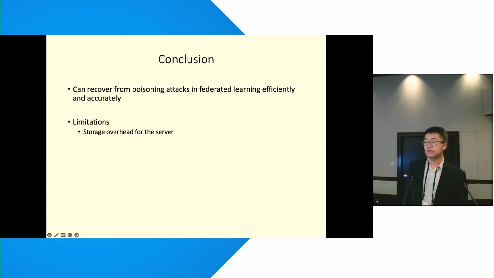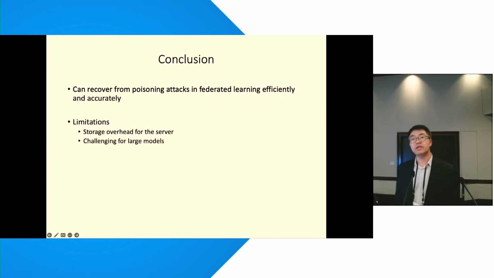So it incurs some storage overhead for the server. And this is especially challenging for training large machine learning models like ChatGPT or GPT-4. However, we can also argue that federated learning may not be a good choice to train large machine learning models on resource-constrained clients anyway. So that concludes my presentation.